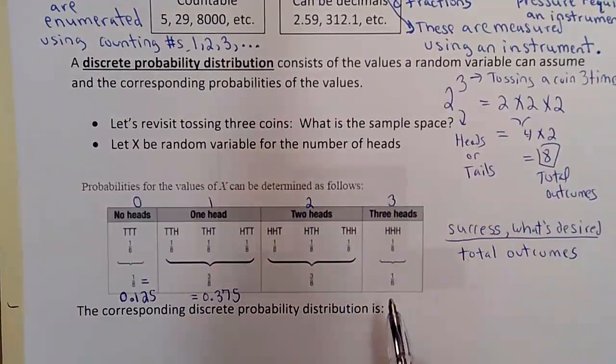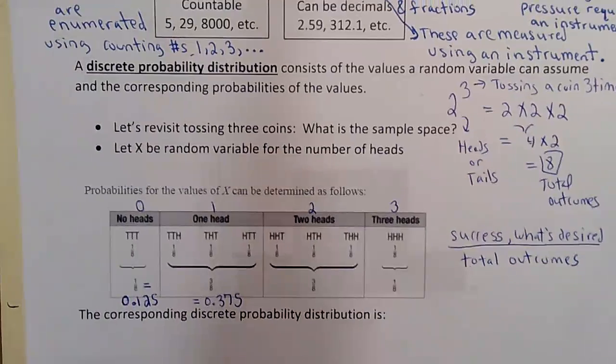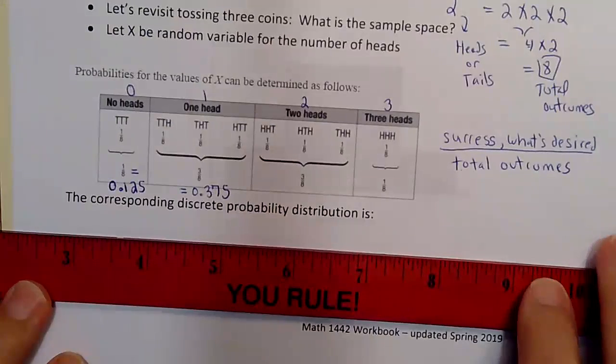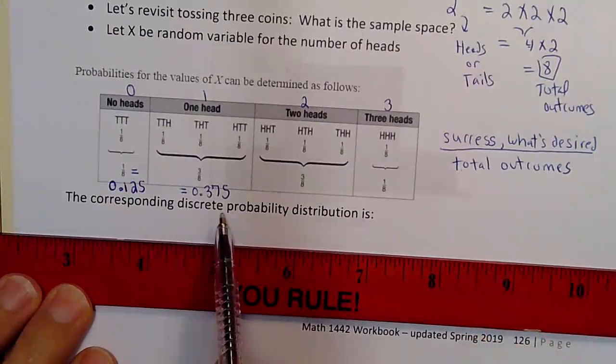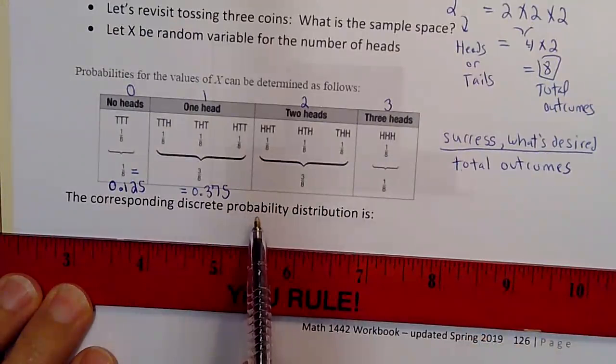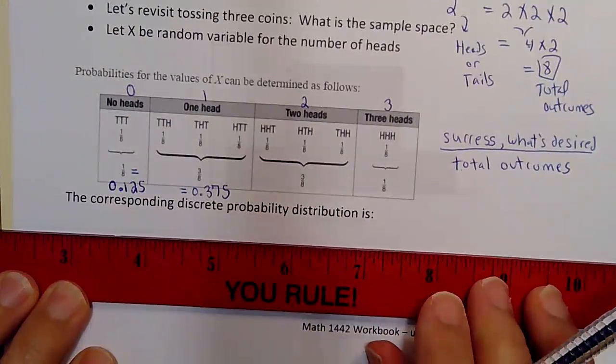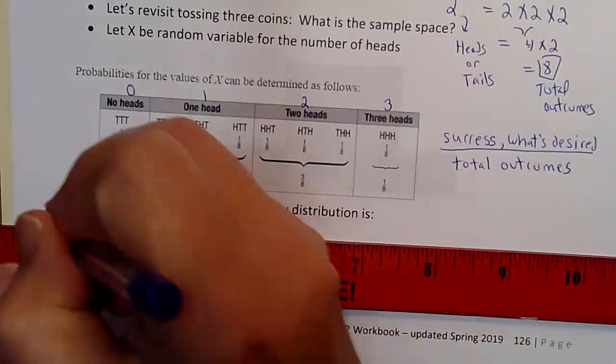Okay. And when you make a probability distribution, one of these discrete probability distributions, I'm going to do that down here. Because it says a corresponding discrete probability distribution is. So I'm going to go ahead and draw this line here.